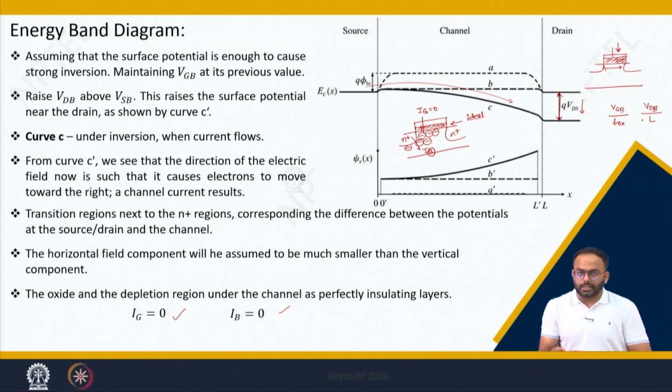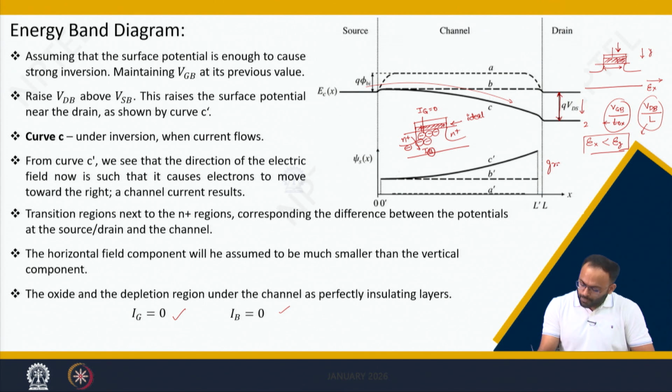In this, we are considering the channel length is very large, and hence the electric field in the x direction is very small compared to the electric field in the y direction, because this is in the range of nanometers, 2 nanometers, 5 nanometers, and this is in micrometers, and hence the electric field Ey is much larger than the electric field towards the X. This is called the gradual channel approximation.